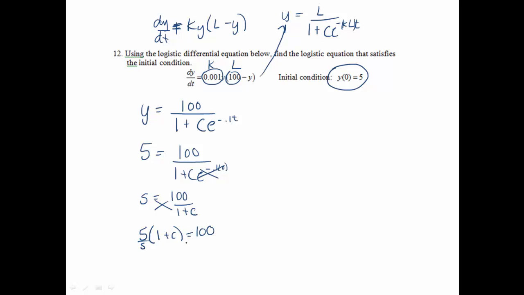I divide both sides by 5, so 1 plus C equals 20, and subtracting 1 from both sides, C equals 19. So my logistic equation is y equals 100 over 1 plus 19e to the negative 0.1t. And that's all we need to do for that.